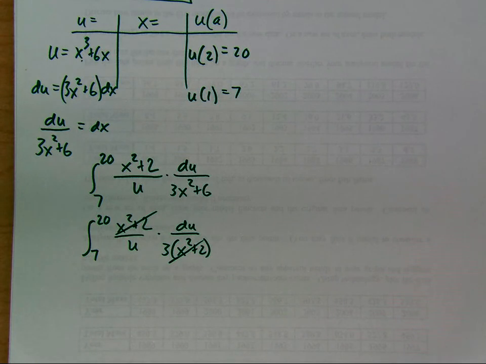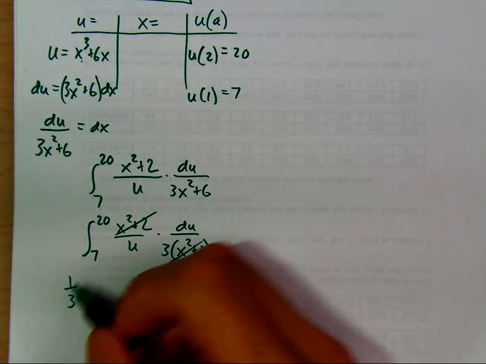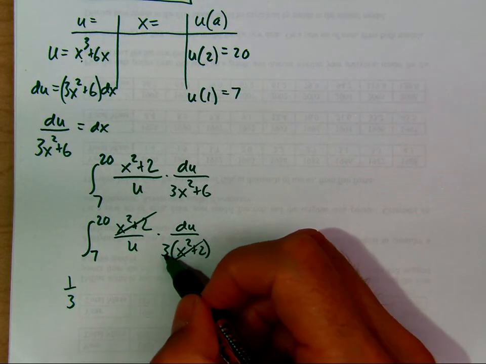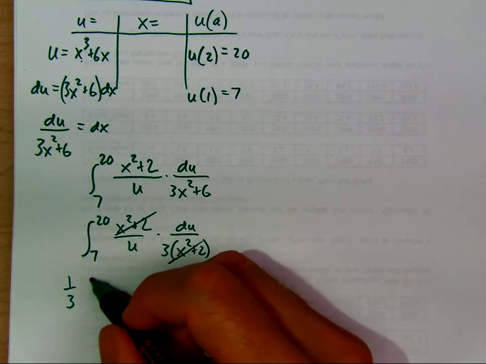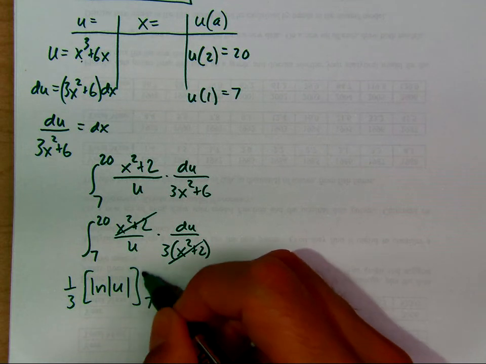So then we have a 1/3 factor, and the 1/3 comes out. 1 over u is natural log of u from 7 to 20.